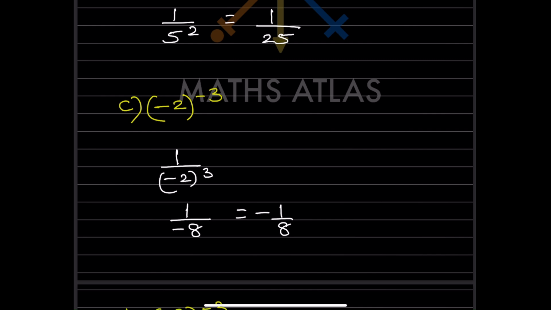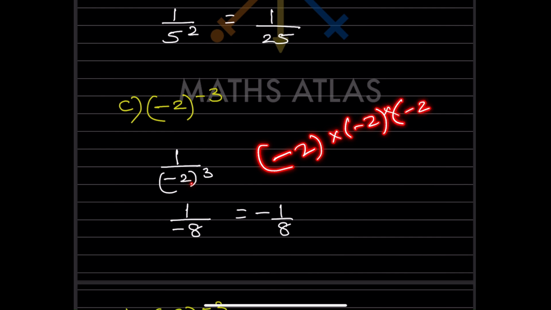Now here, what you can see, this is negative. This negative will stay as it is, it will not be changed. So this is going to be 1 by minus 2 raised to 3, where only the exponent changes to positive. So that will be minus 2 into minus 2 into minus 2.